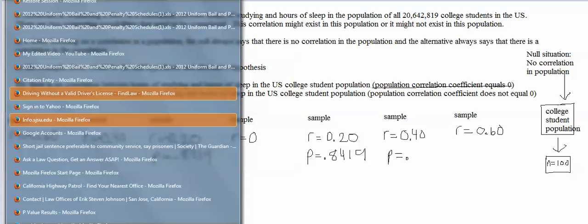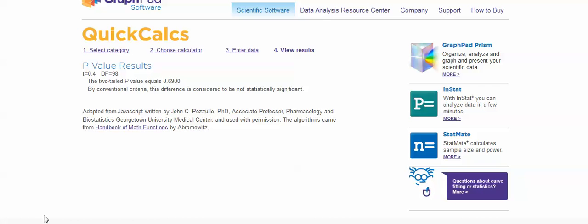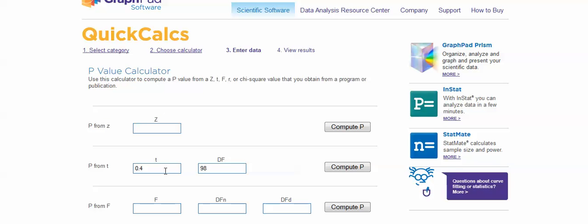Let me see if that's actually correct. Looks like that is correct. Now, oh, sorry, I'm not doing these correctly. I used P from T. We're using P from R because we're dealing with correlations now.